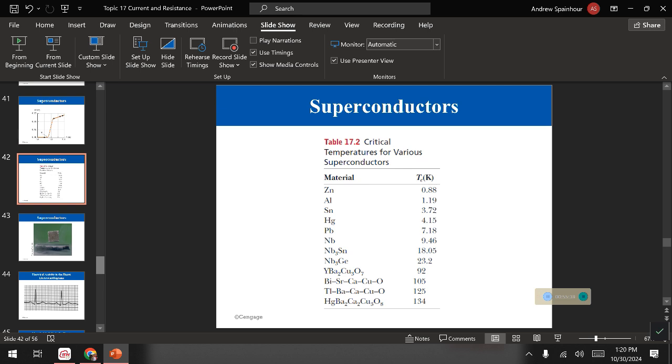The best we've done so far is 134, which sounds great, relatively. But I want to remind you that 134 Kelvin is still negative 239 Celsius. So I wouldn't want to hang out there. But they are trying to work in that particular area.